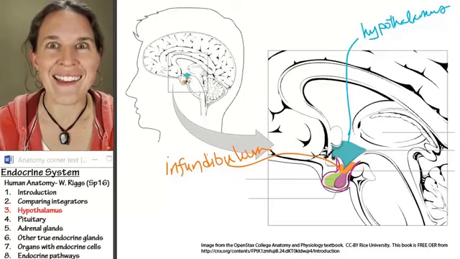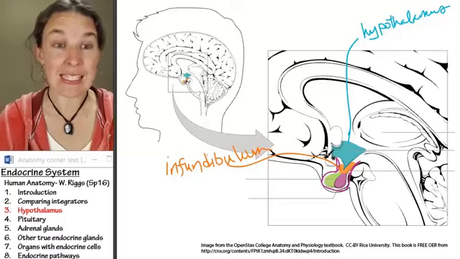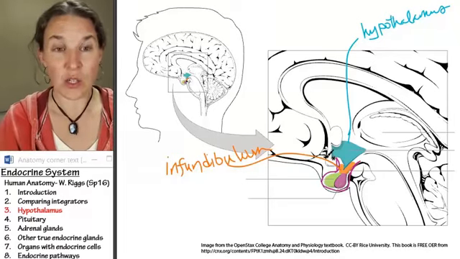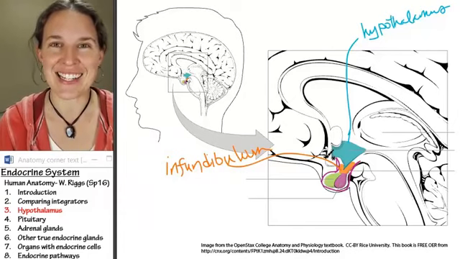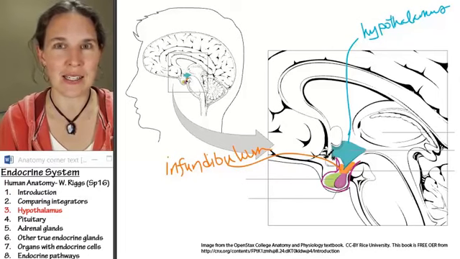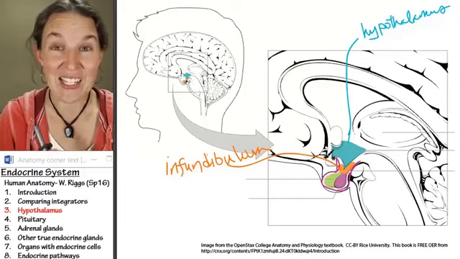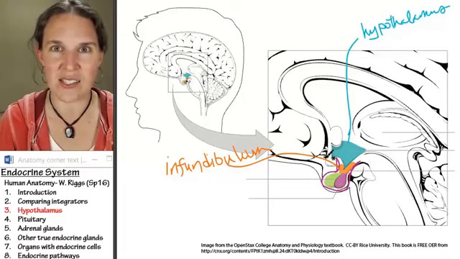The hypothalamus is anatomically connected to the pituitary gland. It's like a private message line. It's like the hypothalamus says, pituitary, you're really important. In fact, the pituitary gland is considered the master gland of all glands in the endocrine system. But the hypothalamus has an anatomical connection to the pituitary and basically calls the shots.